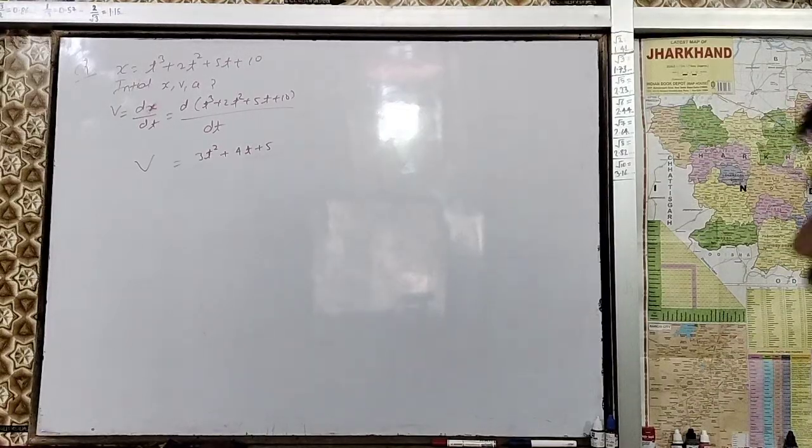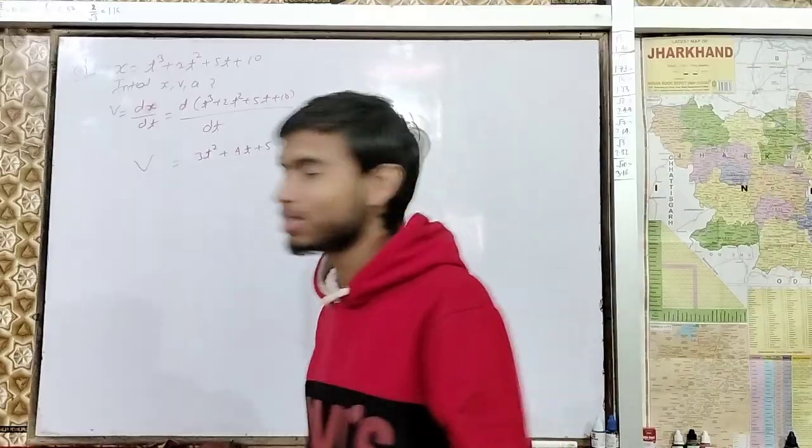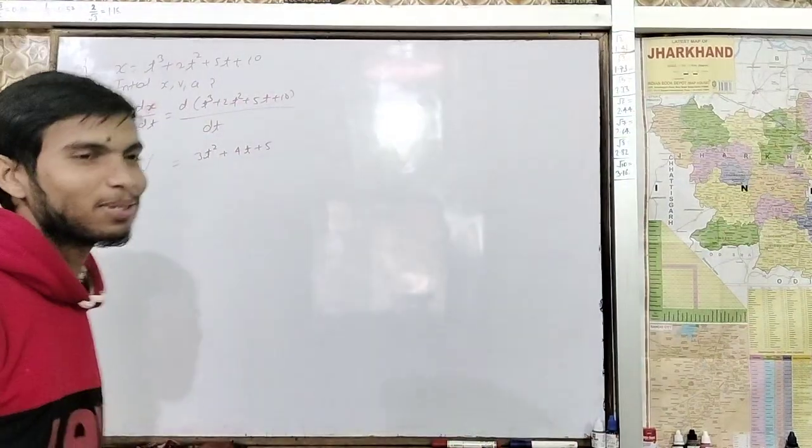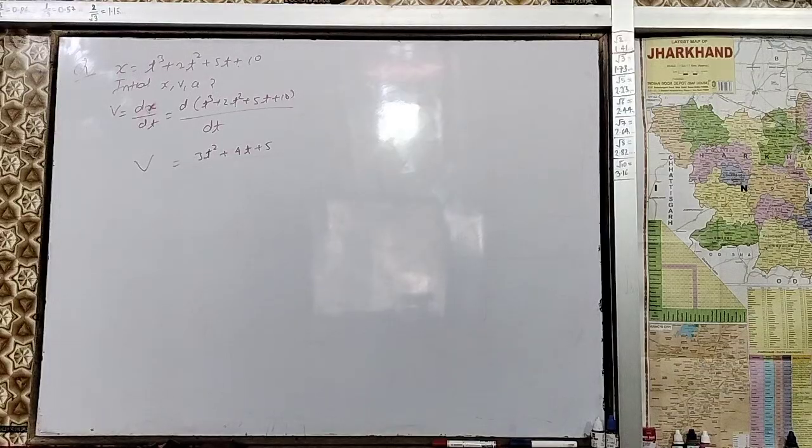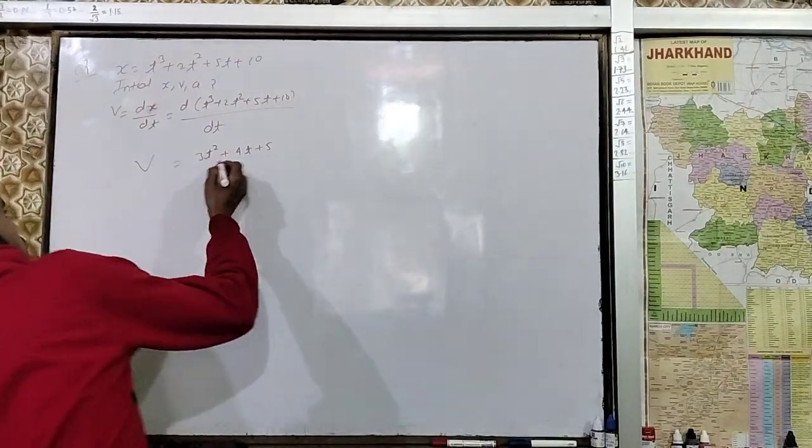Initial means t is 0. The time is not given, so initial means 0. Now time is given.